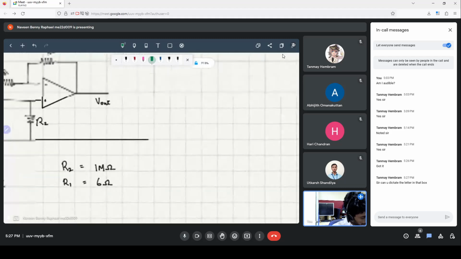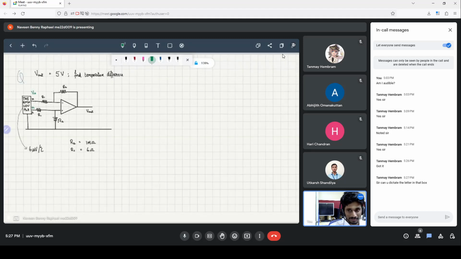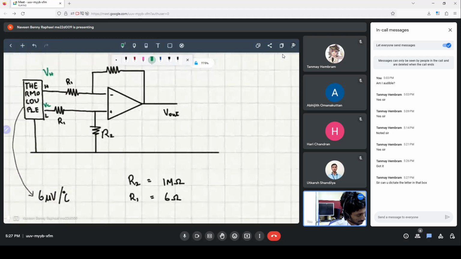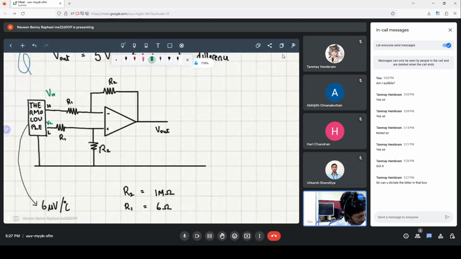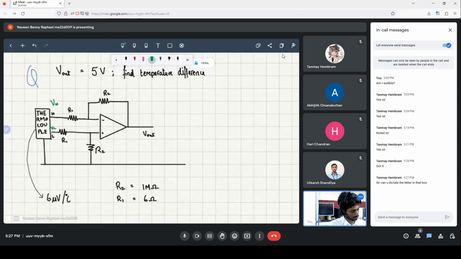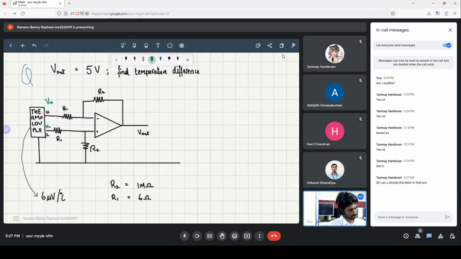The box just says that this is a thermocouple. I'll just zoom in. If you want a small recollection, a thermocouple is a sensor which can measure temperature differences.